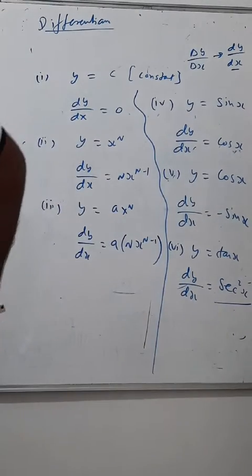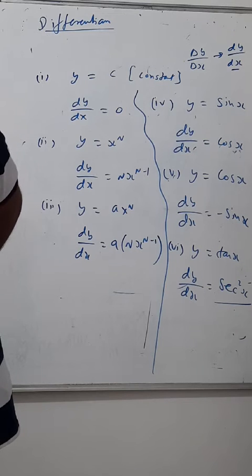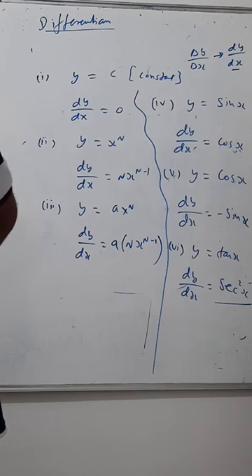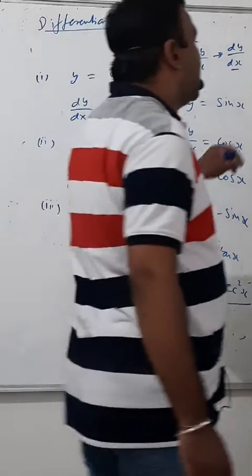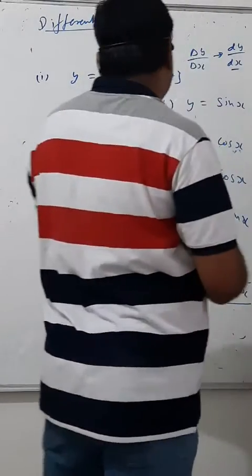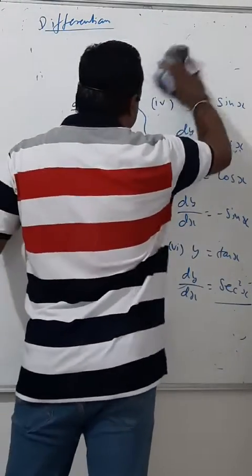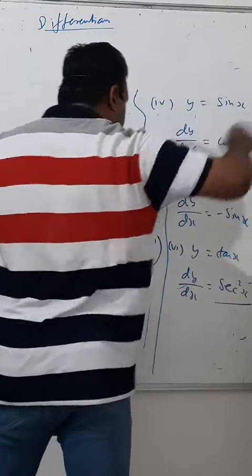These are the formulas which are used maximum in physics. No need to go into further higher details of the list of formulas. One or two more formulas are there. Just one. I won't discuss much.